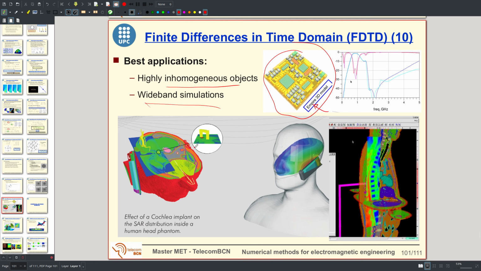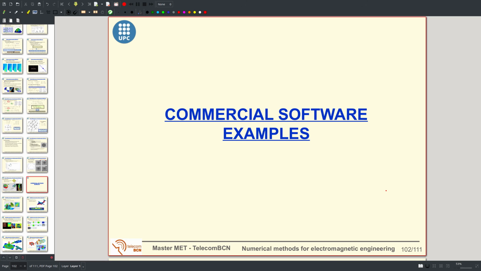Also for wideband simulations, and as examples of very complex inhomogeneous objects, here you have a very detailed model of a human head, a complete model of a human body for electromagnetic resonance, etc. There are many applications, and normally it's the method of choice when the geometry that you want to model is extremely complex, and you also want a wideband simulation.